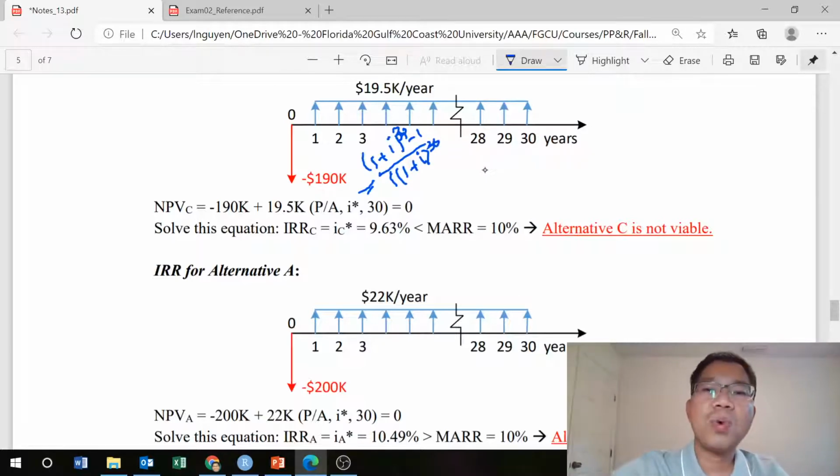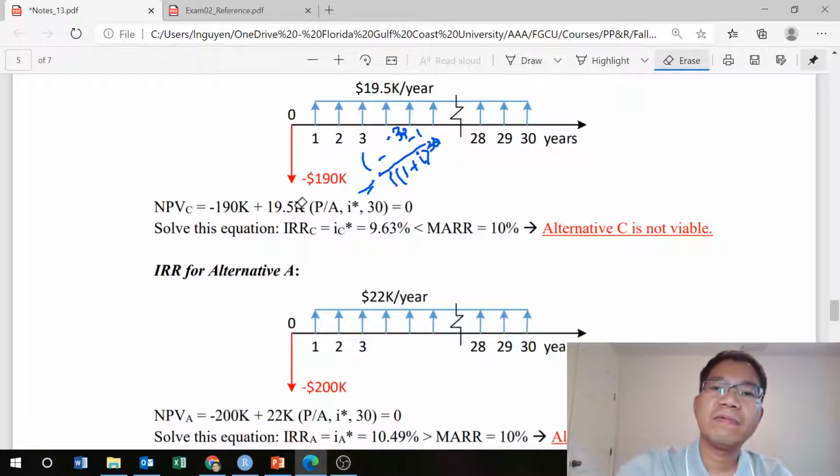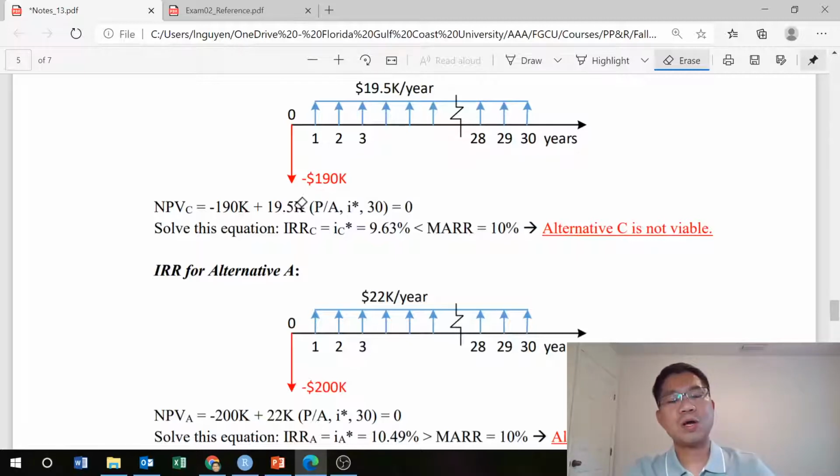So from that, we have one equation, one unknown, I. You can find I with your calculator. So plug into the calculator, and you can find i star. If you are not sure, go back to problem 1 and problem 2. We know how to do that.